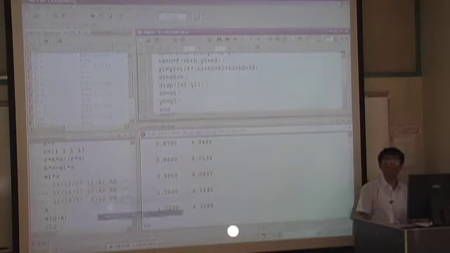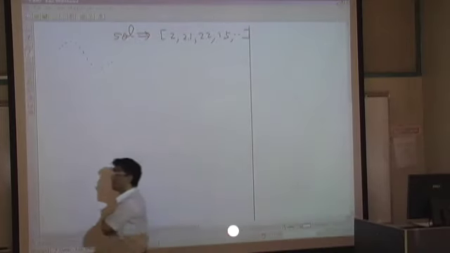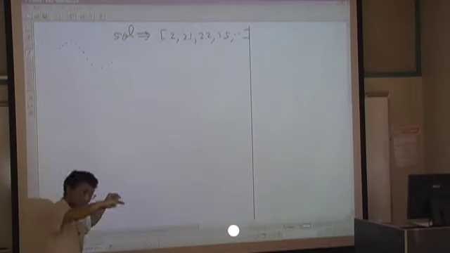Any questions? So solving a differential equation with a numerical method is finding a set of heights, right? Finding a set of heights.